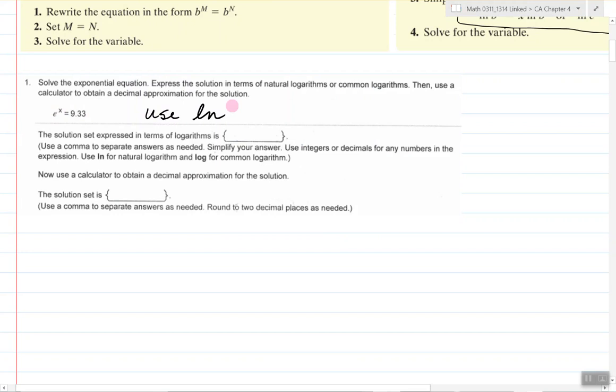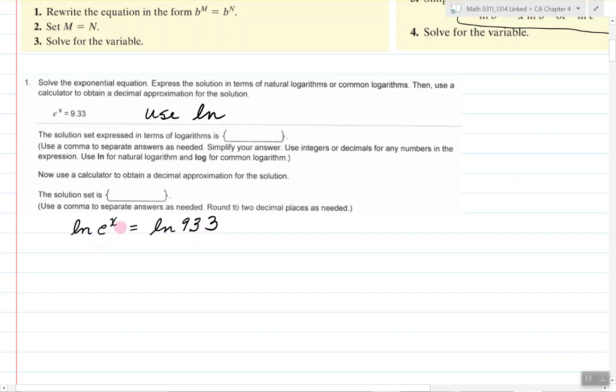The base with its power is already isolated. So what I'm going to do is take the natural log of both sides. I'm going to take the natural log of e to the x is equal to the natural log of 9.33.